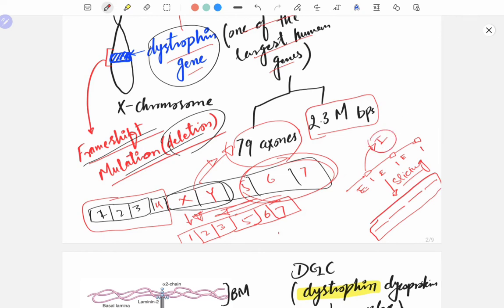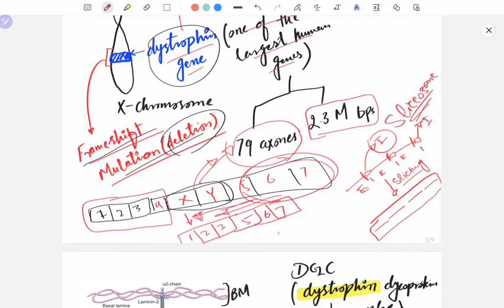These introns are the non-coding part of the DNA, and these are removed by the lysosomes. The lysosomes cut at this end, also cut at this end, and remove the introns from the DNA strand.